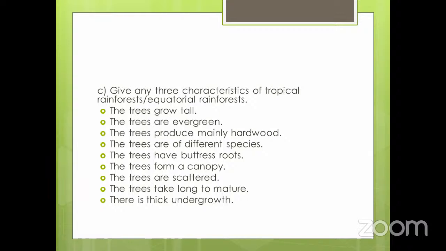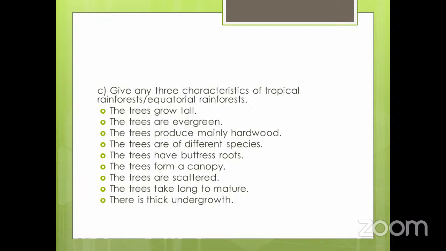These are roots that grow above the ground. And why do they have buttress roots? The reason is to provide extra support to the trees. Then the other one, the trees form a canopy. What do we call a canopy? A canopy is simply an umbrella-like structure, which is basically formed by leaves as well as the branches of the trees.